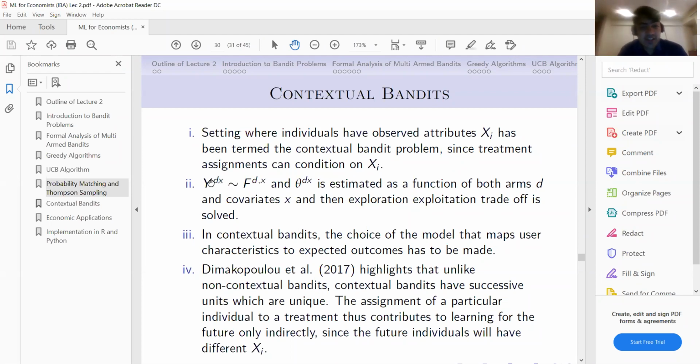Previously, the reward distributions were dependent only on the treatment. Here R is Y and A is D. Sorry for the change in notation. Here the reward distribution Y is no longer just conditional on D, which was previously A, the arms, but it's also conditional on X.